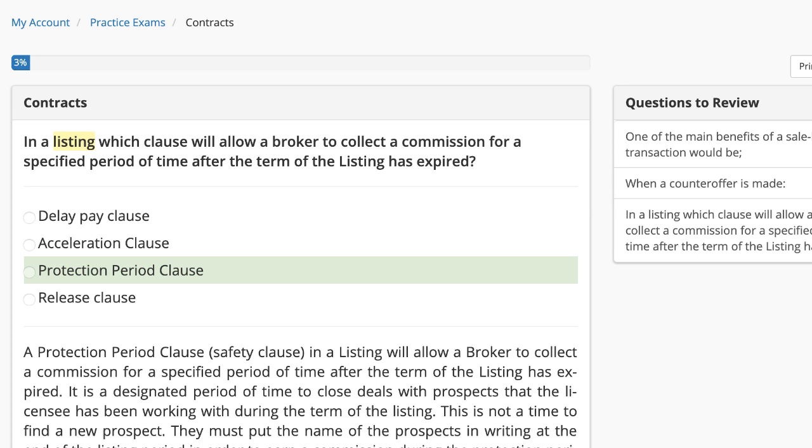Why are you not employed to sell the house? Why are you just finding a buyer? What do you guys think? The answer is pretty obvious. It's because, well, it's not your house, right, guys? So all you can do is bring a buyer to the owner and they decide if they want to sell the house.